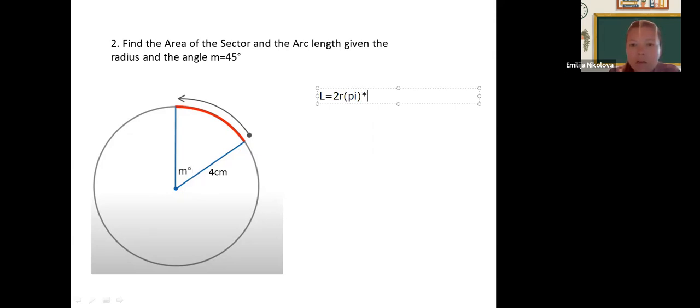The angle is 45 degrees, as it says here, M is 45. I will first write down the formula: the angle divided by 360 degrees. Now we can insert what is given. So we have 2 times r; instead of r, I will put 4, times pi.